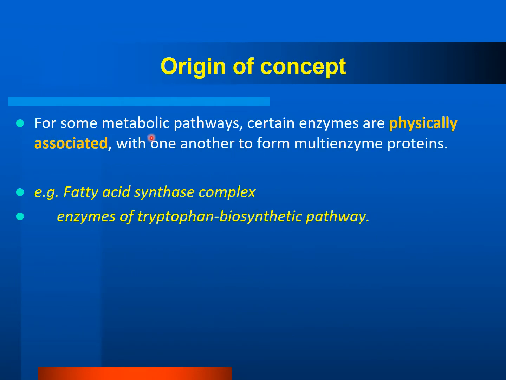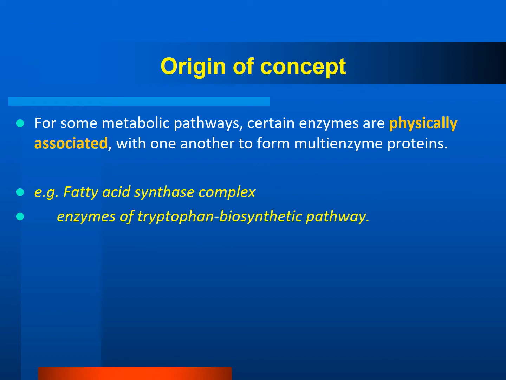Now, for some metabolic pathways, certain enzymes are physically associated with one another to form multi-enzyme proteins. For example, the fatty acid synthase complex and the enzymes of the tryptophan biosynthetic pathway.